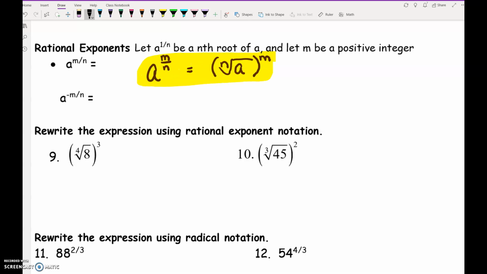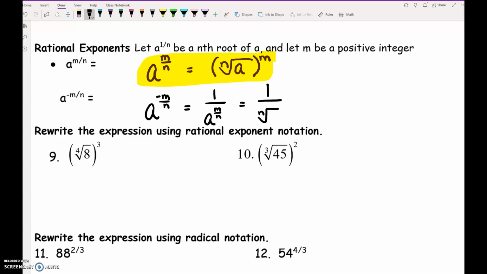Now there's another rule, a raised to the negative m over n, which they're going to try to confuse you with. It's really not that bad. What do we know about negative exponents? They can't be on top, so this becomes 1 over a to the m over n. So it's really the same thing, just on the bottom.